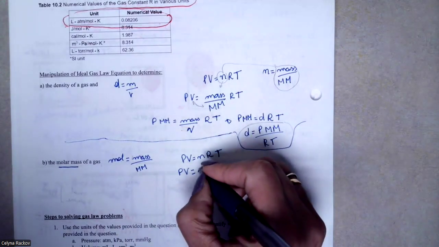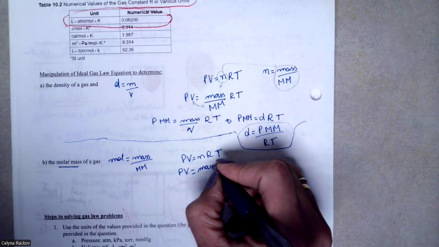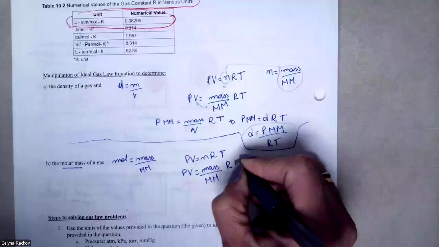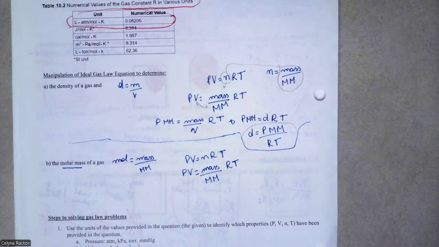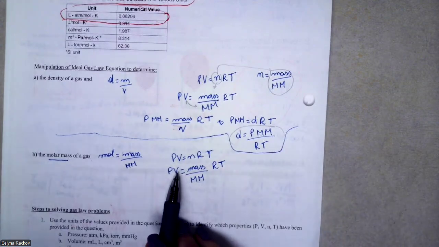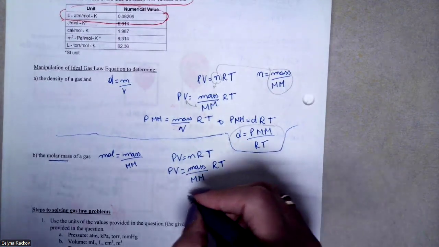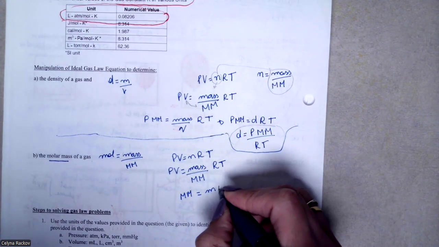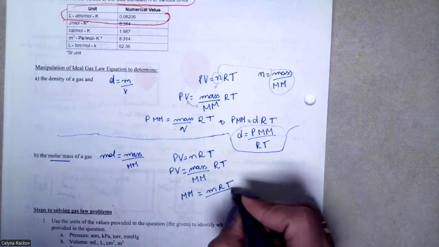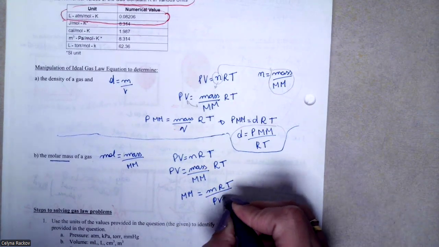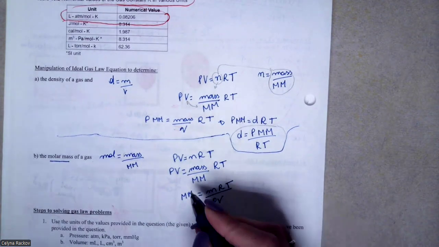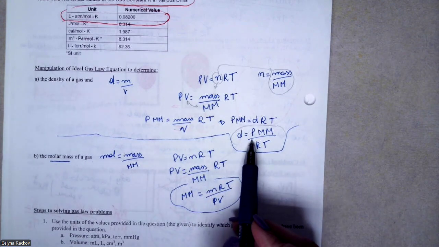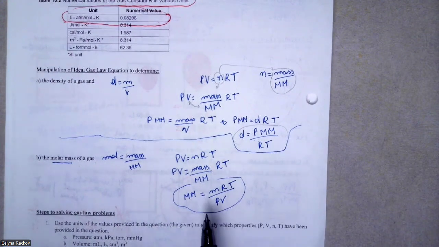So PV equals mass divided by molar mass, times RT. Now rearrange the formula to solve for molar mass: molar mass is equal to mass times RT divided by pressure times volume, right? So here we manipulated the ideal gas law equation to find the density formula for gases, and the molar mass.